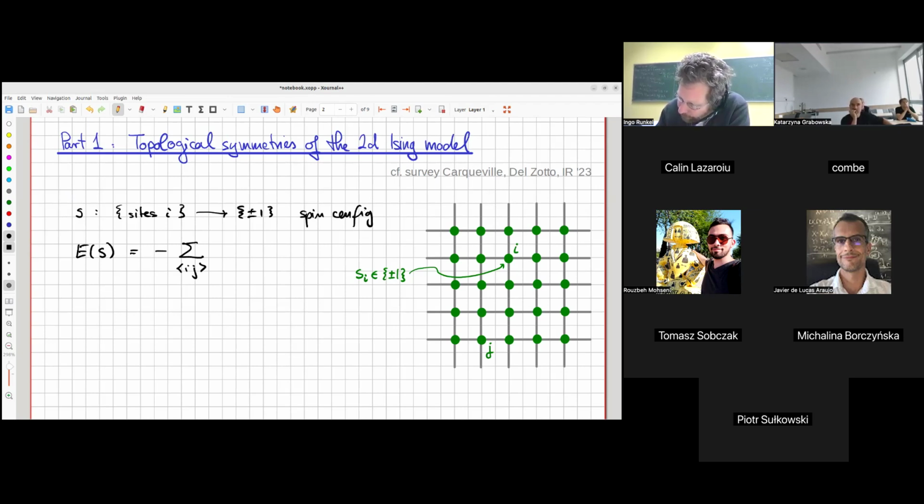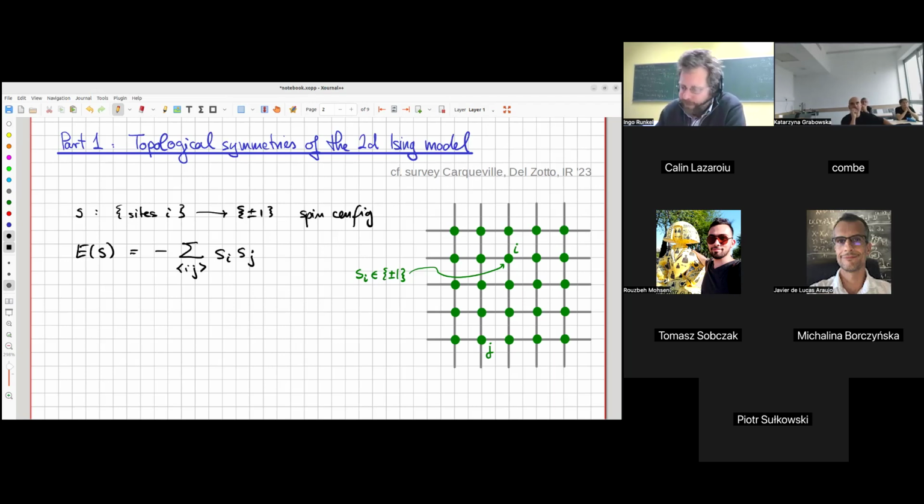This site here and that site here are nearest neighbors, whenever they're linked by a bond. And then you write simply S_i times S_j. Now if both are +1, then the output is -1, so you get a low energy, and if one is plus and one is minus, you get altogether +1, a high energy.